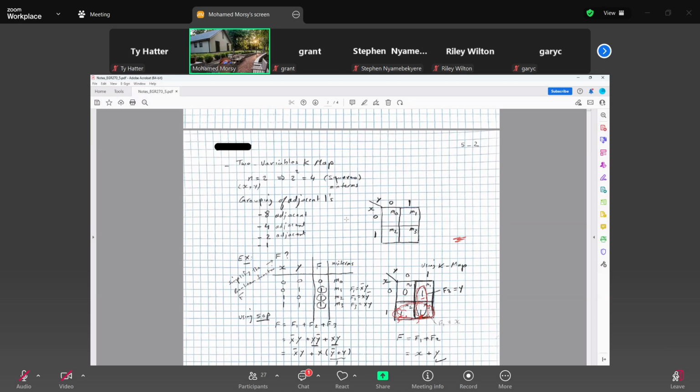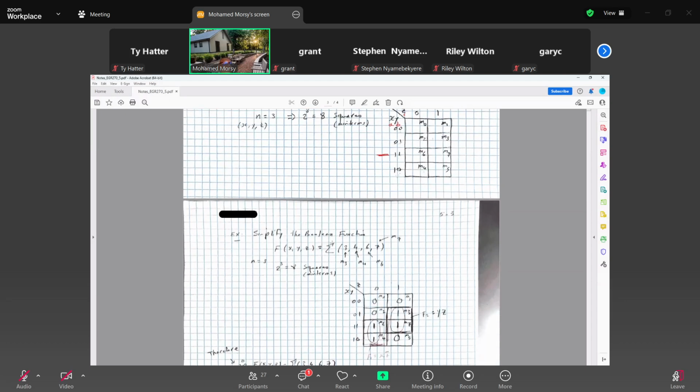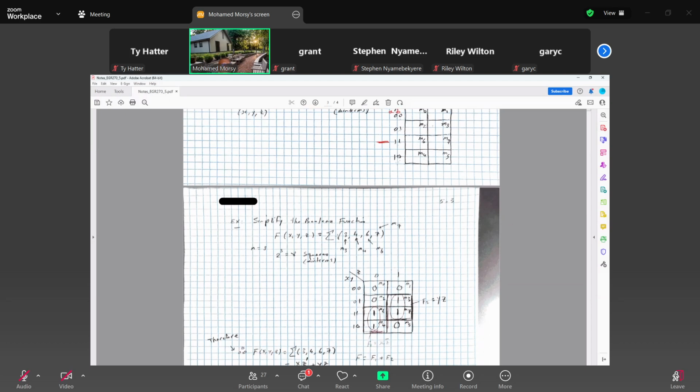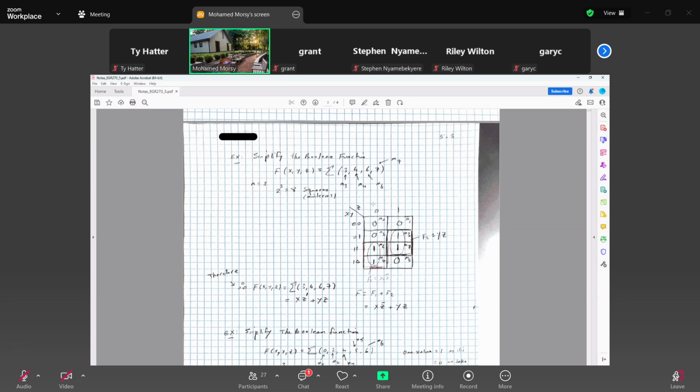So one of the forms in which F may be given is this one, in terms of min terms. So if F(x, y, z) equals sigma 3, 4, 6, 7, what does this mean? 3 means M3 is 1. 4, we did that before.